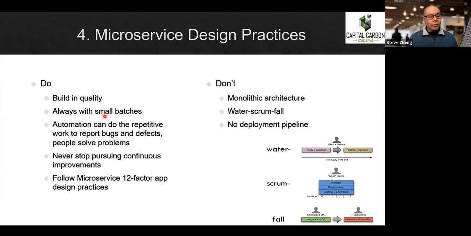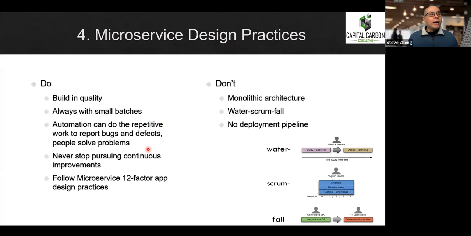So next time when you want to develop a new feature, try to think about how to measure and test your new feature, and develop the testing code first. That is the concept of built-in quality. And always work with small batches. What does this mean? It means always deploy in small batches. Don't make a big bang deployment.